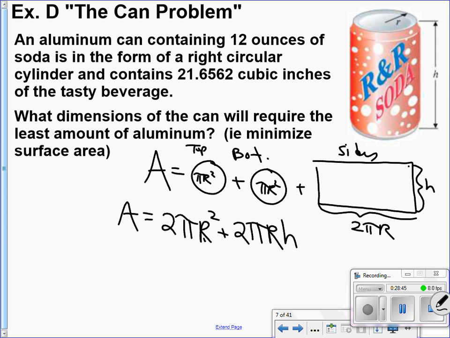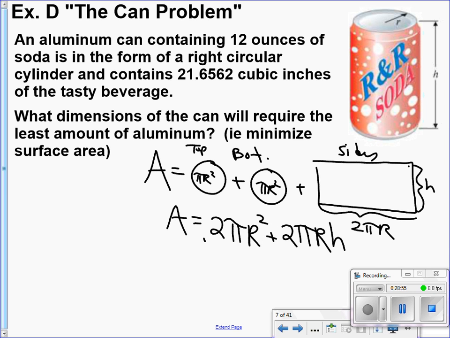The volume. The volume of the soda contained in this can is 21.6562. Let's move the whole thing. Okay. So something is equal to 21.6562. That's the volume.